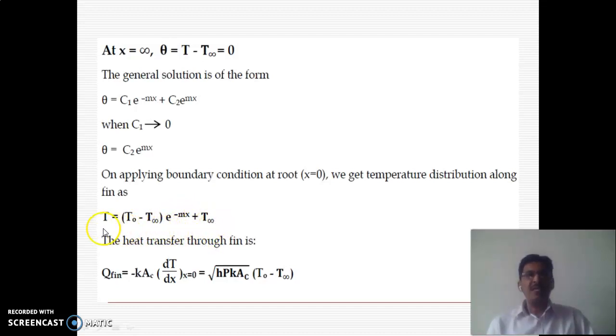The heat transfer rate through the fin is Q fin is equal to minus K A dT by dx at x is equal to 0, which is equal to under root of h p k A into delta T, that is T0 minus T infinity. So this is for the first case, the infinitely long fin: the temperature distribution equation and the heat transfer rate equation.